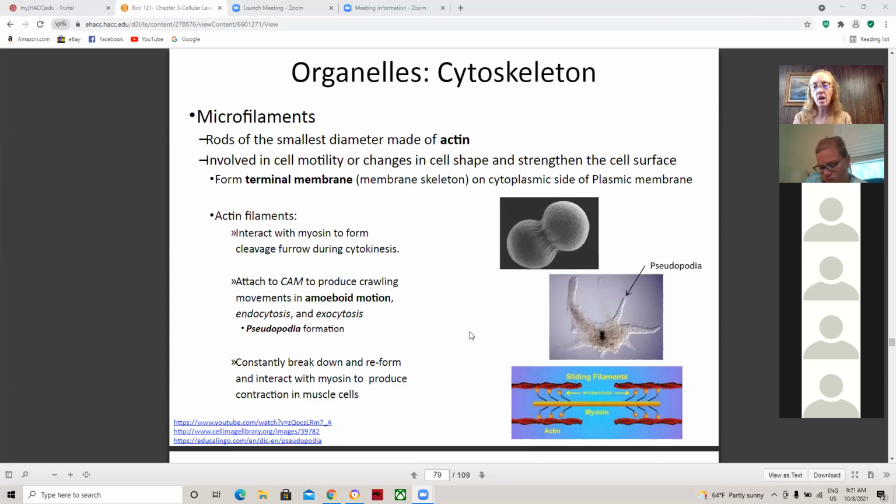These are found a lot at the cytoplasmic side of the plasma membrane, right on the interior side, where they form the terminal web or the membrane skeleton.